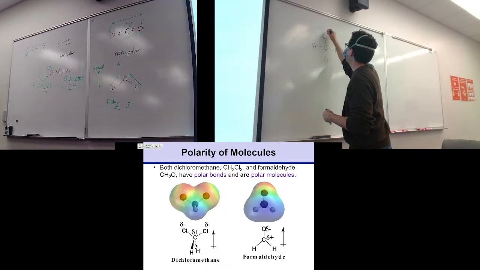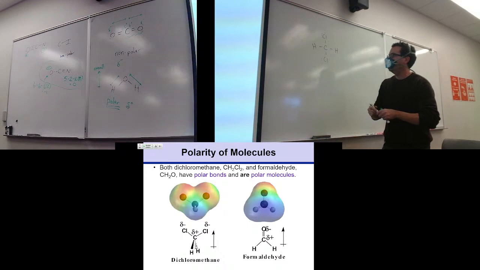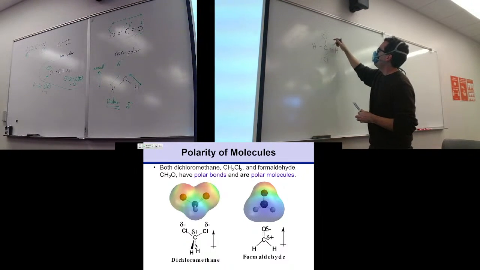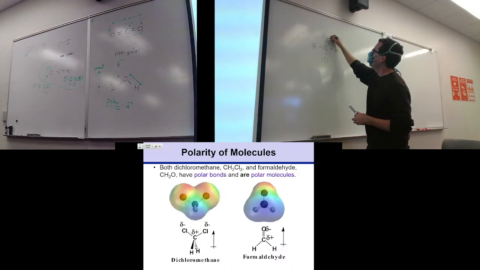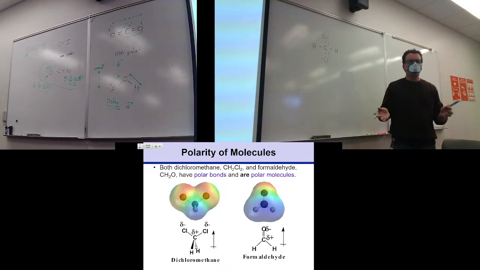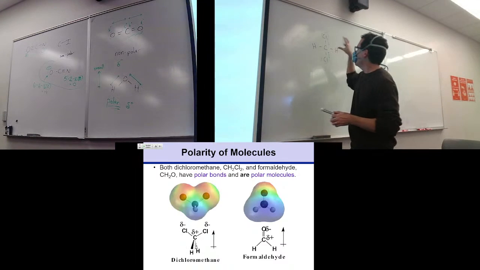And if you just looked at the Lewis structure, you could be fooled into thinking, oh, this is nonpolar. Because this is a polar bond, and that's a polar bond, and they're pointing in opposite directions, so they cancel each other out. But that's wrong.